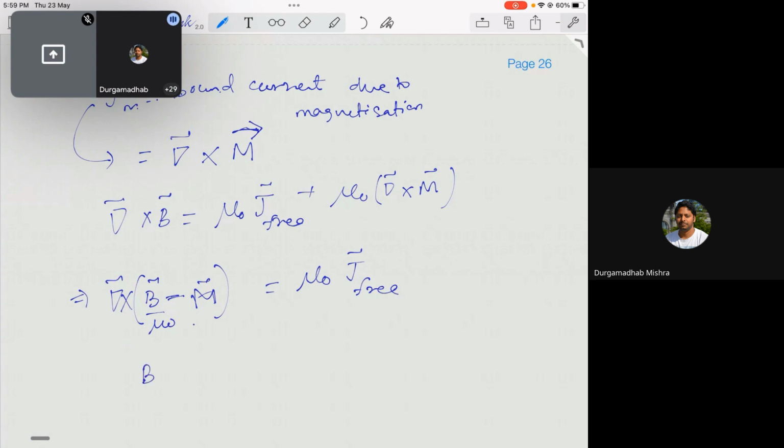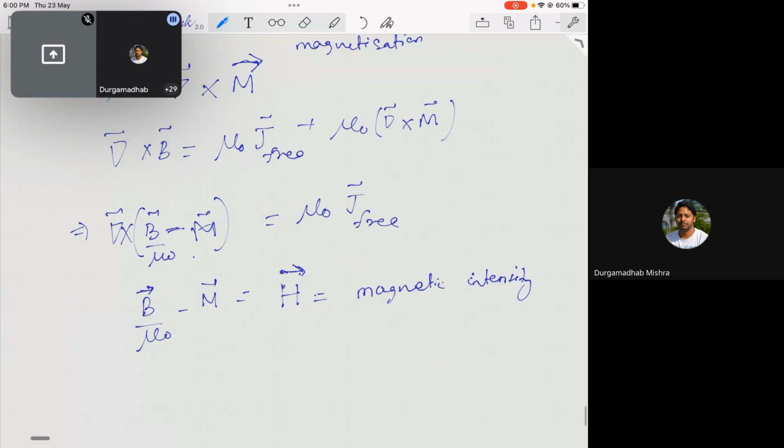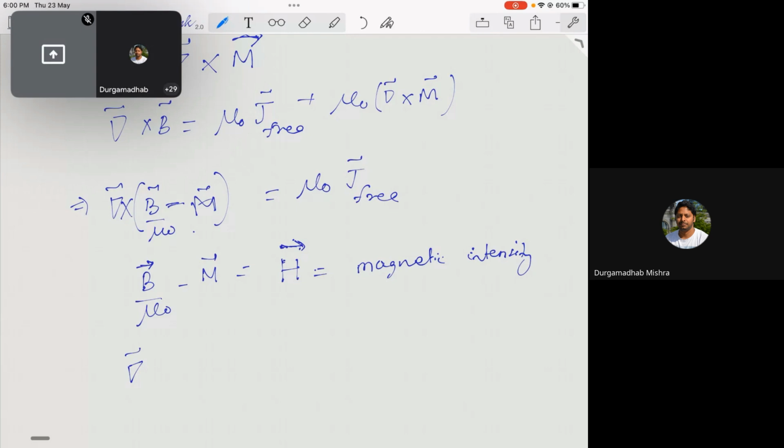So this we can now write as a new field H, a new vector H, which we call the magnetic intensity. This is different from the B field. And so the Maxwell's equation now becomes curl of H equals J free.